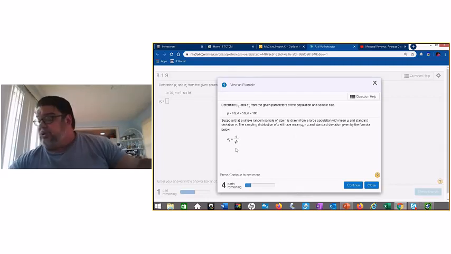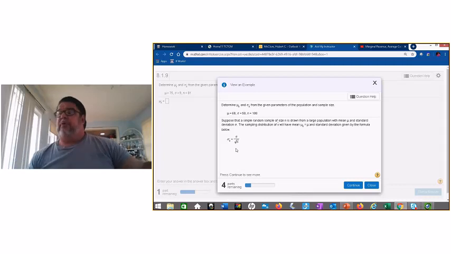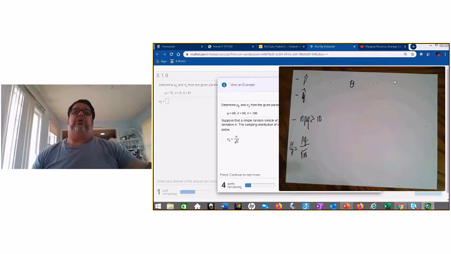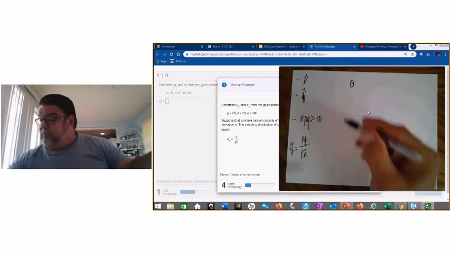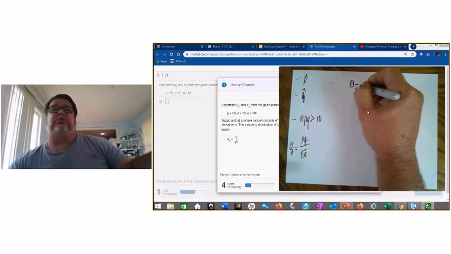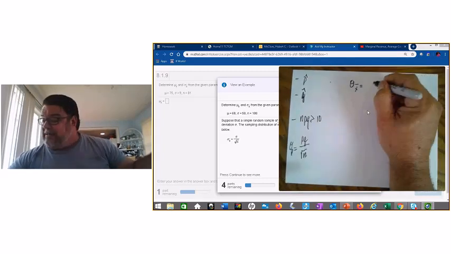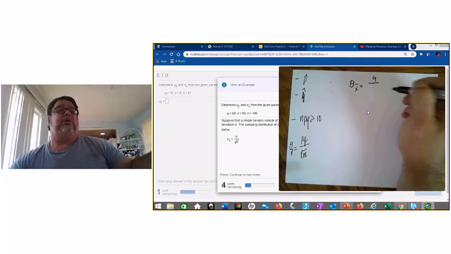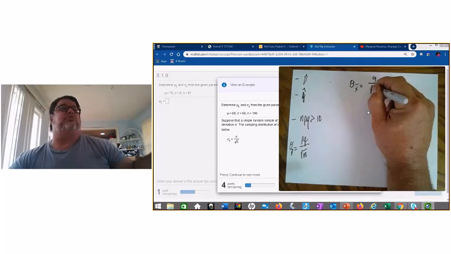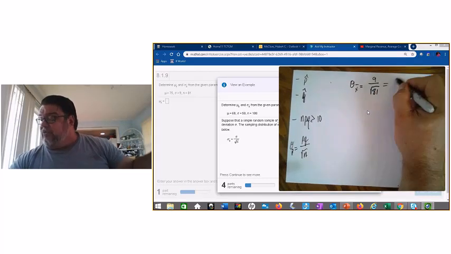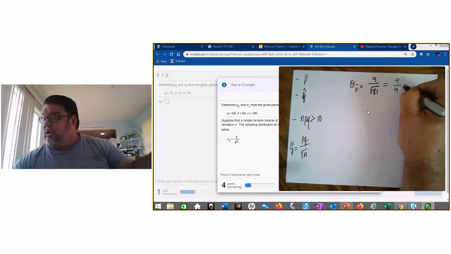So your sigma x bar is equal to, in this case, sigma, which is 9, over the square root of 81, which is equal to 9 over 9, which is equal to 1.